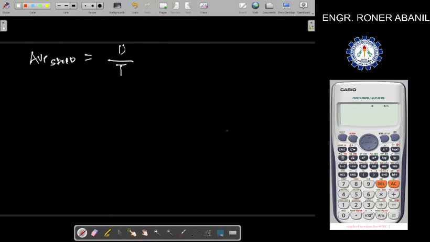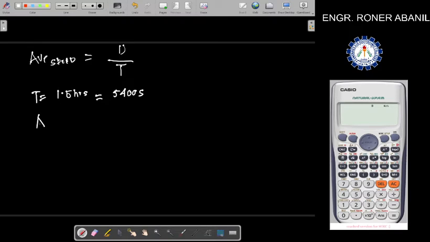No? So, sa ating example, meron siyang ibinigay na time. Okay? May binigay siya na time. Yung time na binigay niya is 1.5 hours or 5,400 seconds. Ayan.